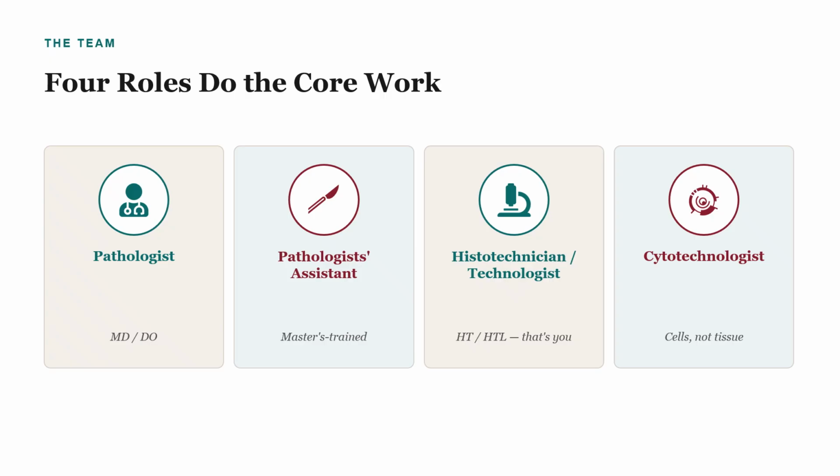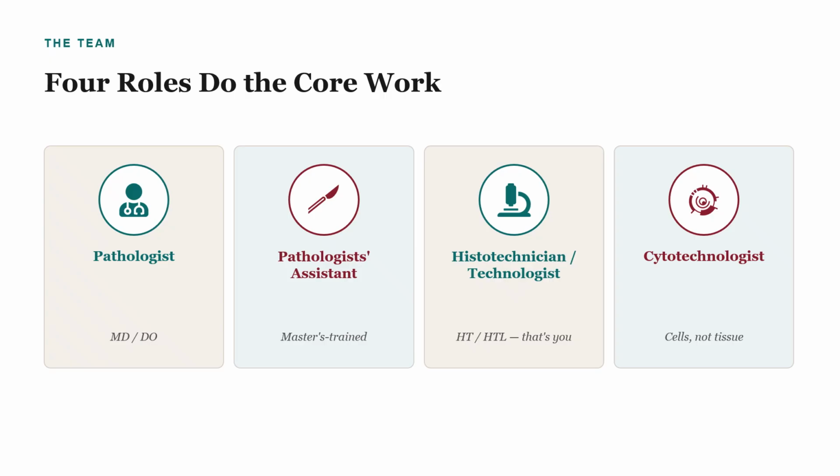Then the histotechnician and histotechnologist, HT and HTL, which is you and where this program points. And finally, the cytotechnologist, who works with cells rather than intact tissue. Notice, I've put you in the middle of the team because that's where you are, connected to everyone.